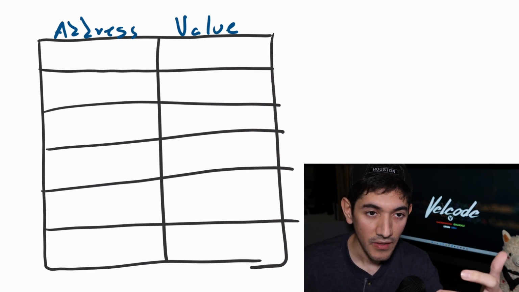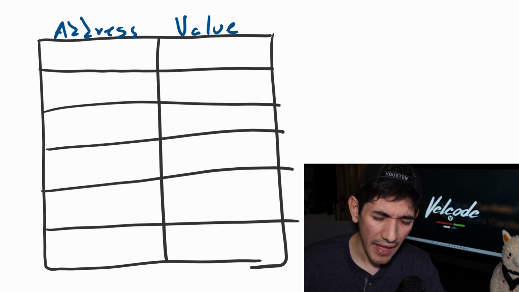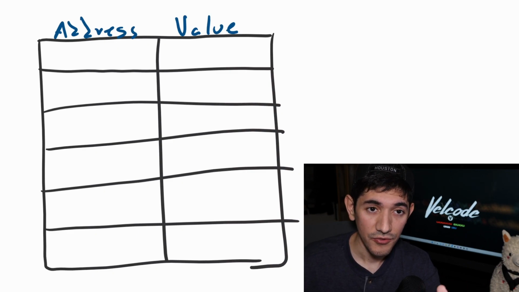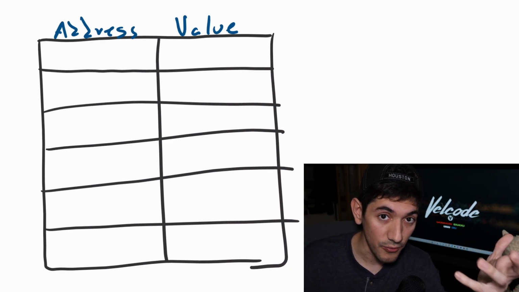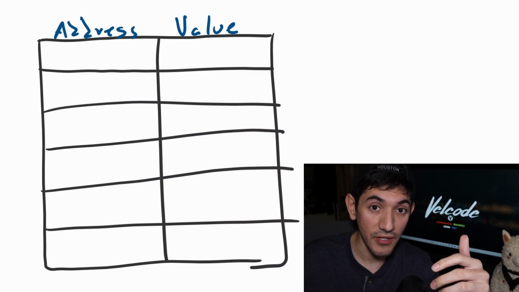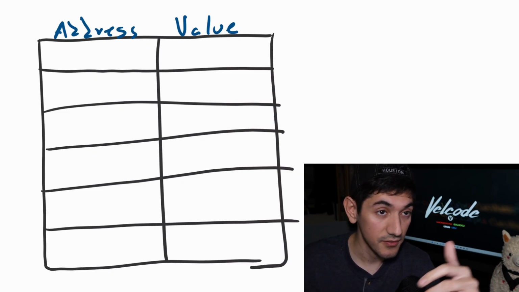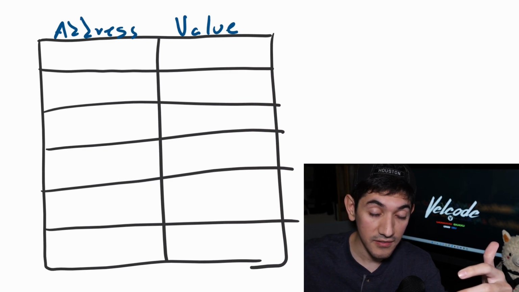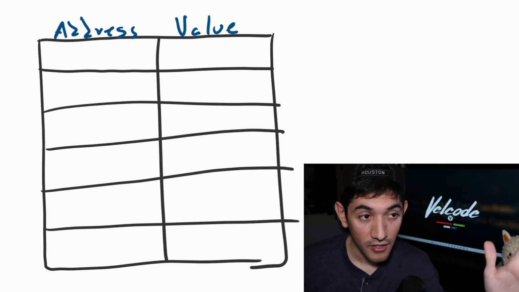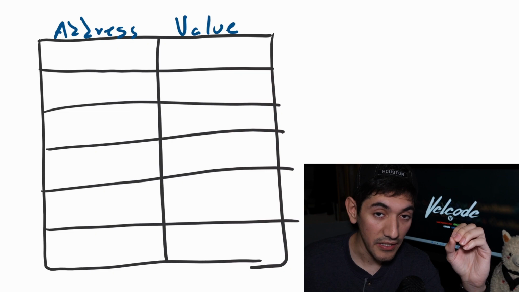Now, addresses always follow a pattern of incrementing one by one. So the first address will be 0, the second address will be 1, and then 2, and then 3, all the way until you get to 8 gigs, or 16 gigs, or 32 gigs, or if you have a really good machine, 64 gigs, 128 gigs, etc. Right? But it'll start from 0 and then just keep incrementing by 1.